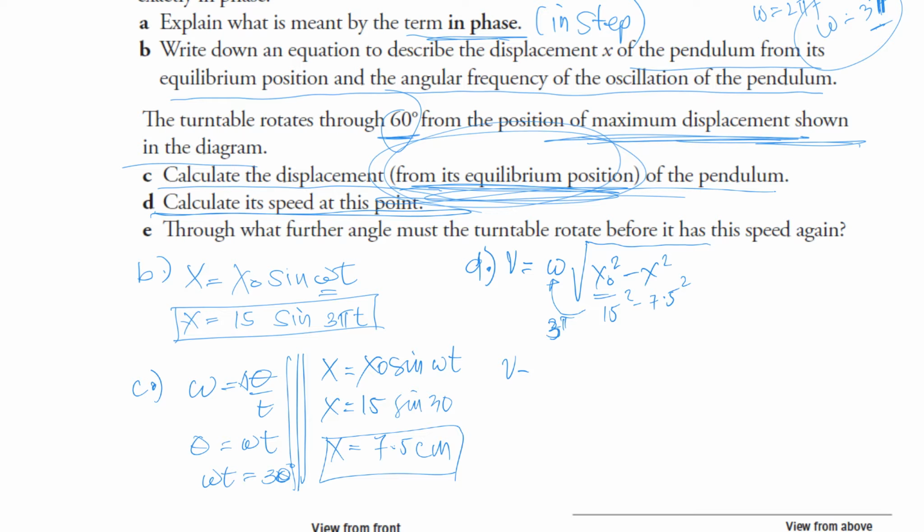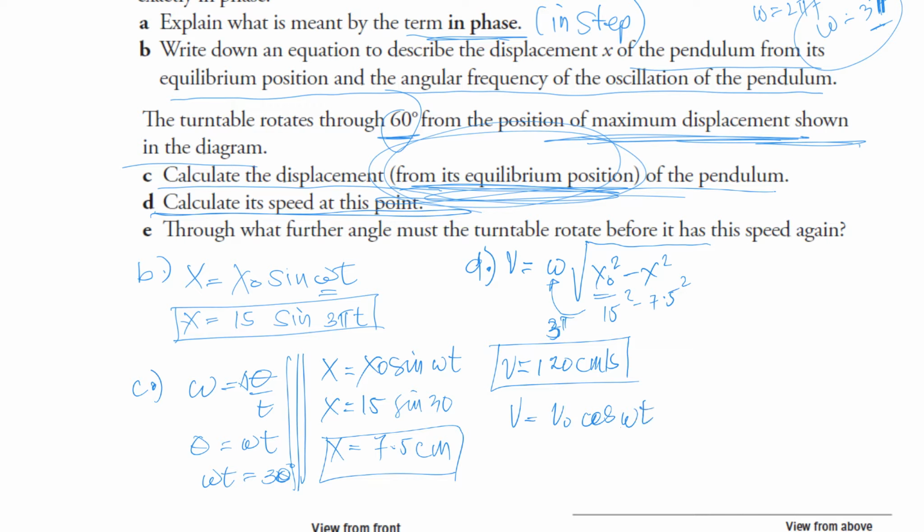So you can get the velocity. The velocity is around 120 centimeters per second. Yeah, you can change it to meters per second if you want. Now the other way is using the formula, of course, that the velocity at any point in time is the maximum velocity times cos Wt.